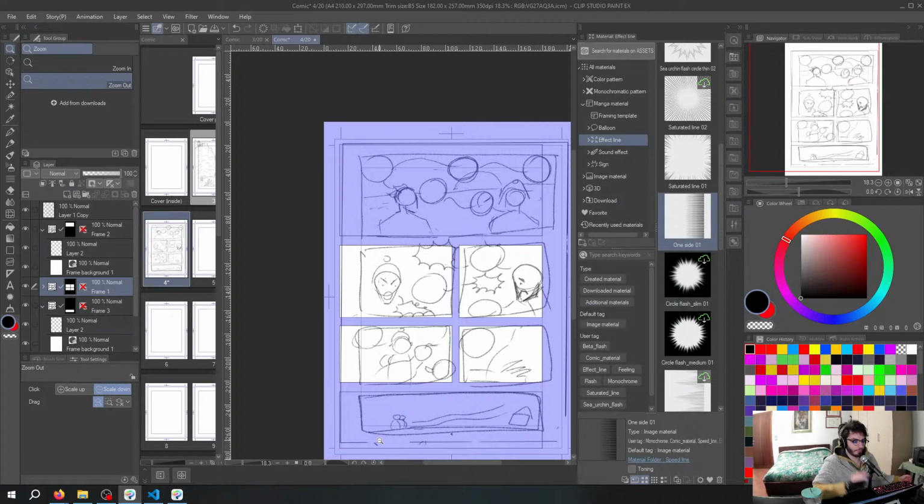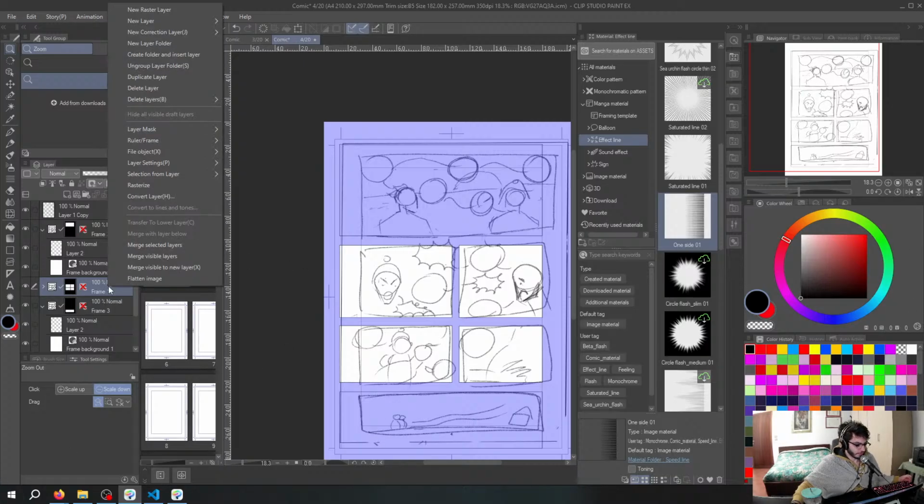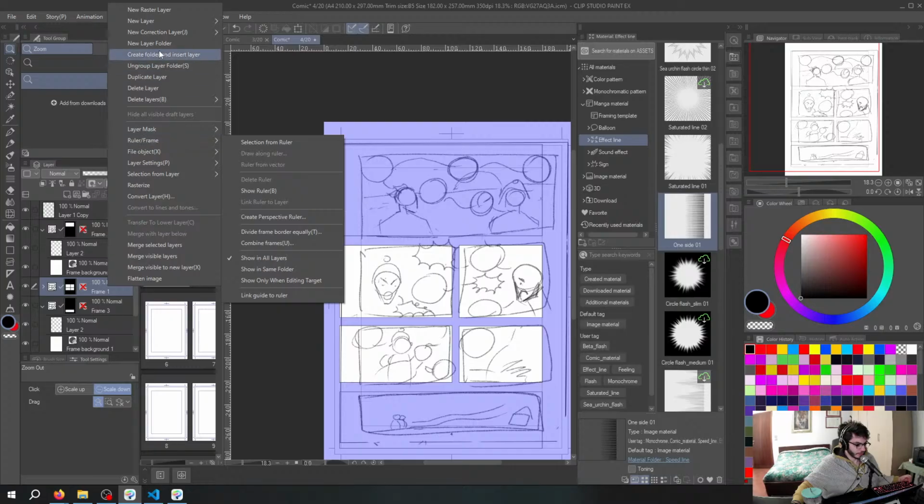Okay, but now we're back at square one. So this works. Can I then divide it in folders later?